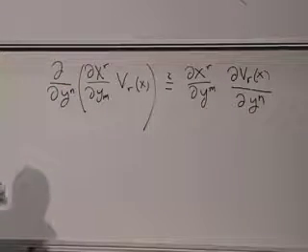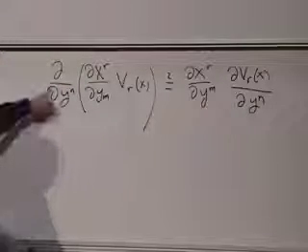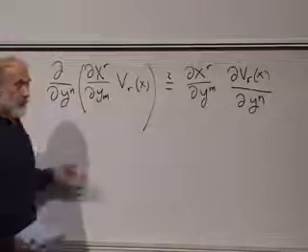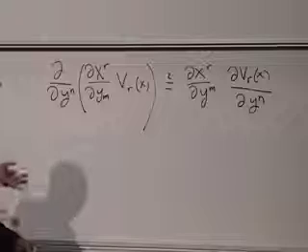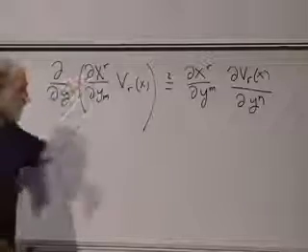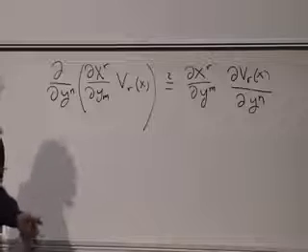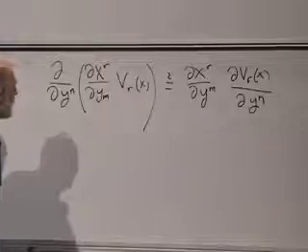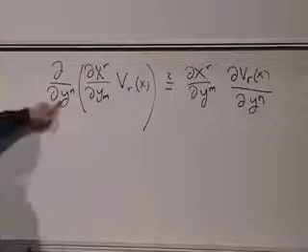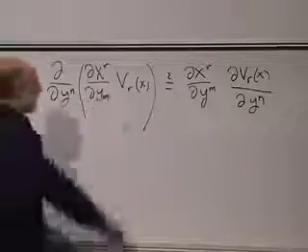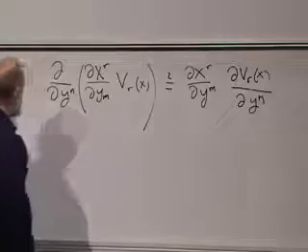Okay, well, let's look at it. We have here the derivative of a product. The derivative of a product is the sum of two terms. Just the usual rule: derivative of a times b is a times the derivative of b plus b times the derivative of a. And so first of all, this derivative can hit v. That will give me a term which looks exactly like this.